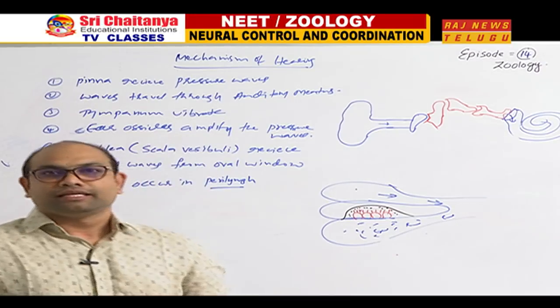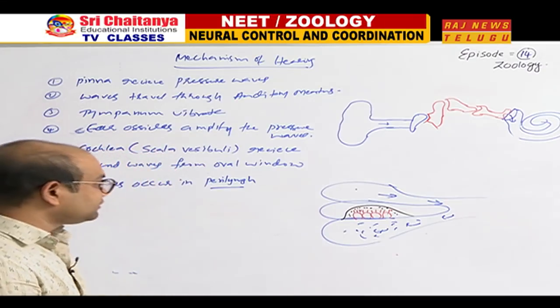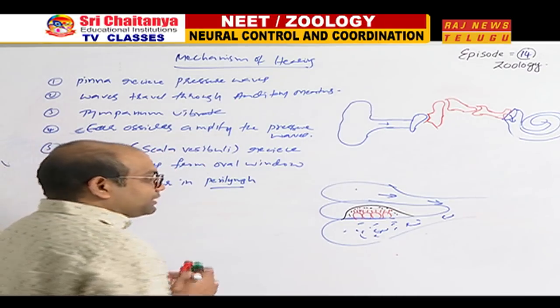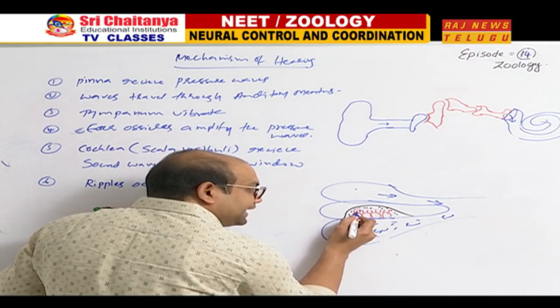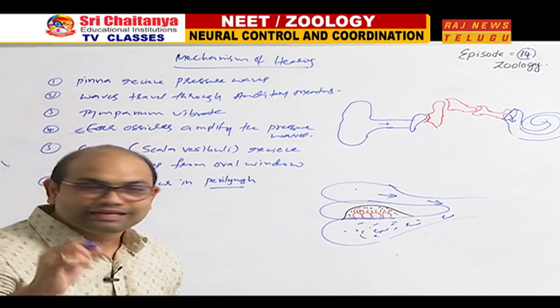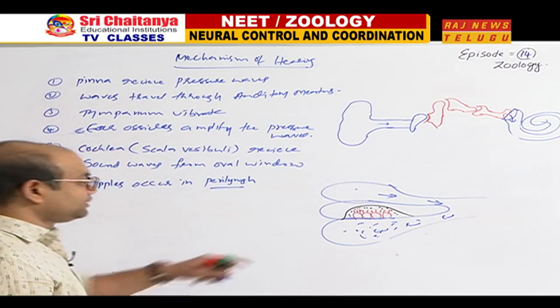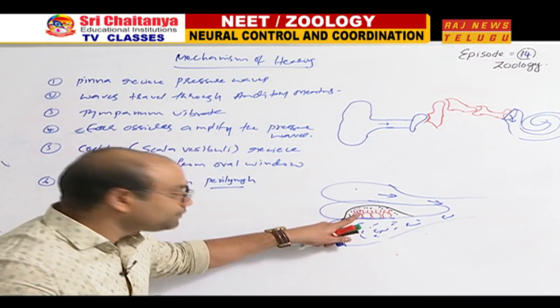That pressing is a kind of pressure. When pressure is applied, the potassium gates present in the hair cell membrane will open. They are called mechanically gated channels, very, very important point. They are opening due to the pressure, hence they are called mechanically gated potassium channels.